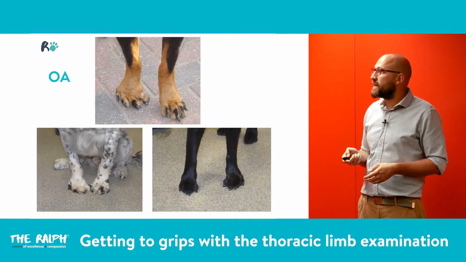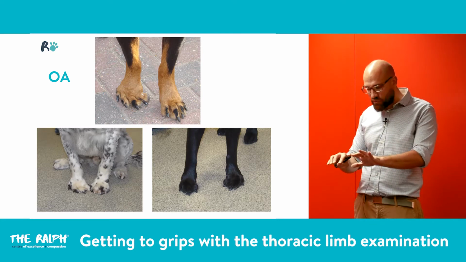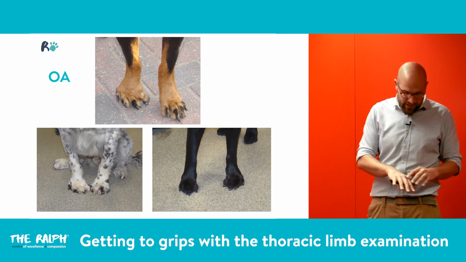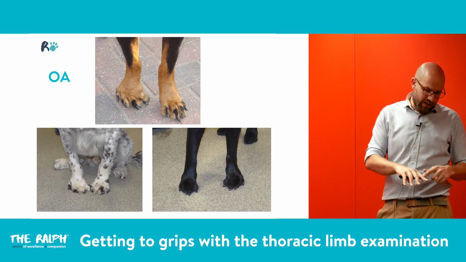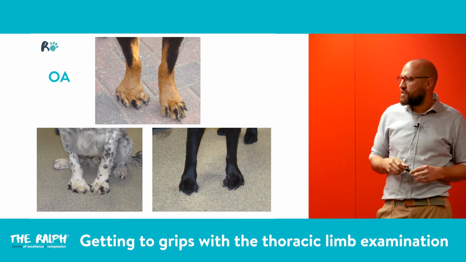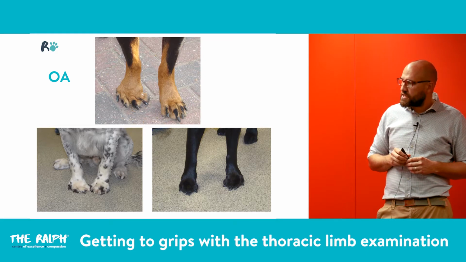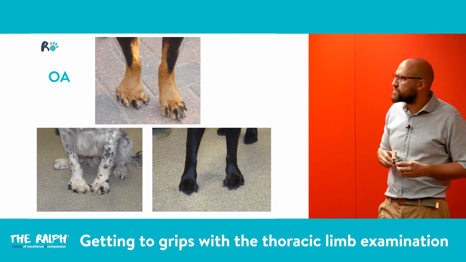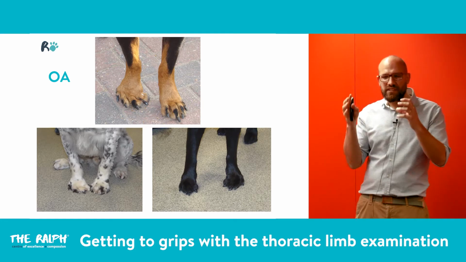Okay, now osteoarthritis. Sometimes you see dogs with awful, terrible osteoarthritis affecting the metacarpophalangeal joints. In those cases it is quite obvious where the problem is, and usually when you take some X-rays you see proliferation rather than bone destruction.